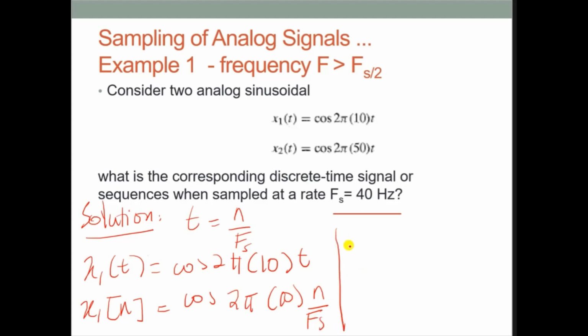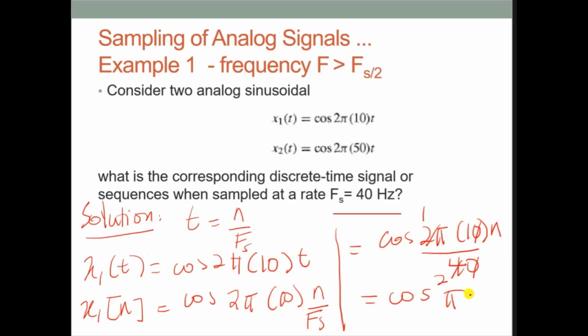So we have cos 2 pi 20 n over 40. You cancel this out, so you have cos pi n over 2. So that is your x1(n).